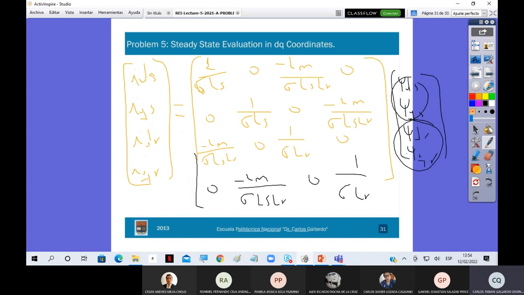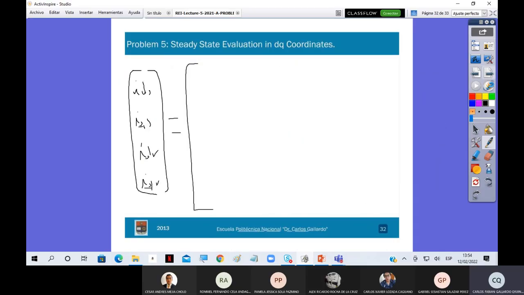So substituting the values, in the beginning we computed the leakage coefficient. The rest of the data come from the manufacturer. Okay, so substituting these values, I will get the state space matrix.